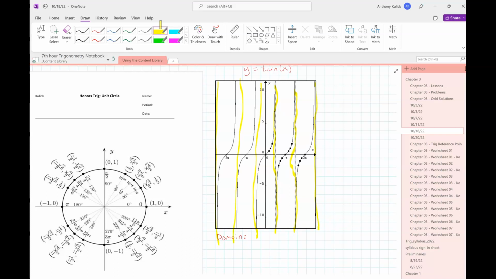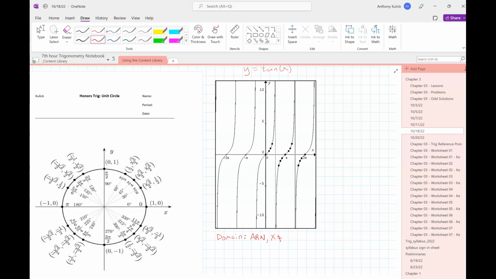Everybody notice that? We got these asymptotes all over the place. Oh no! So how are we going to describe that domain? Well, we can't use an interval notation. So we're going to say the domain is all real numbers except for where these asymptotes are. Everybody's okay with that?